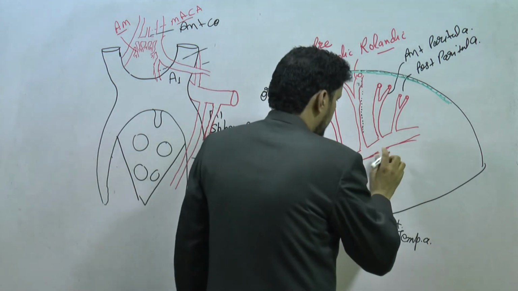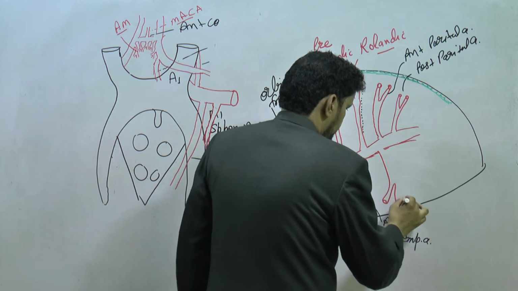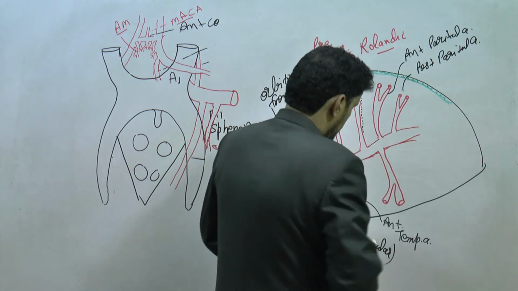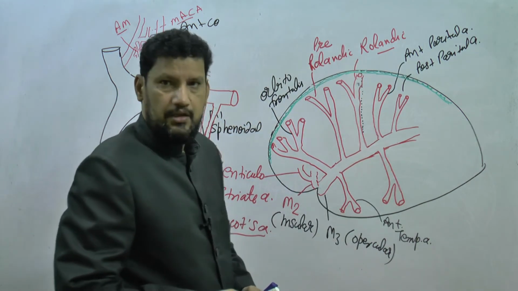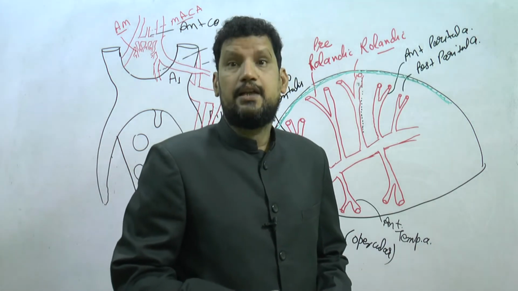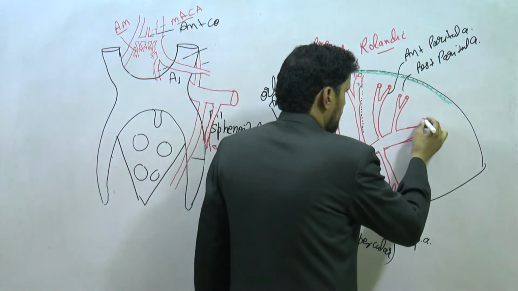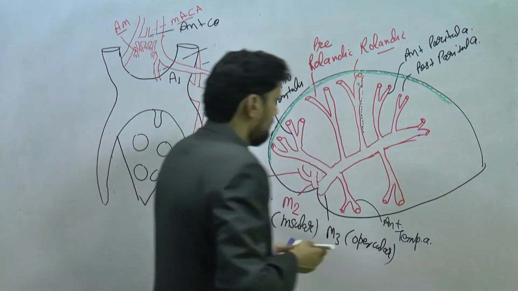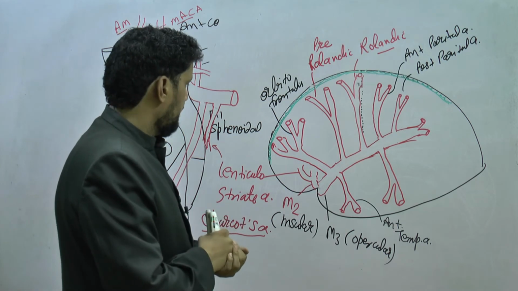The posterior temporal artery supplies the posterior part of the temporal lobe. And finally, the artery is terminating as the angular artery.